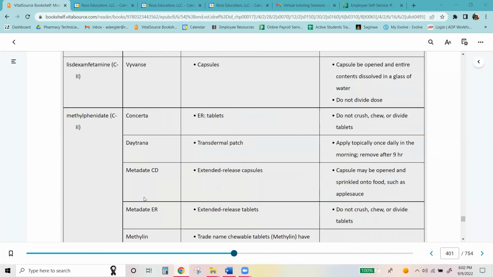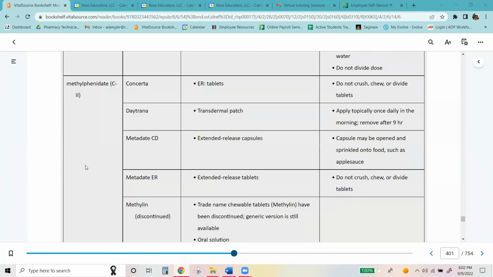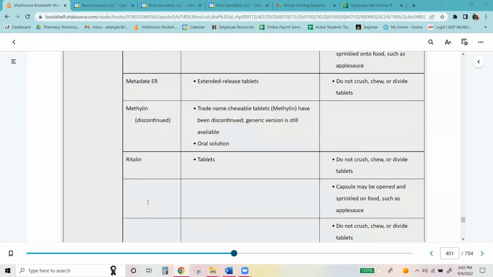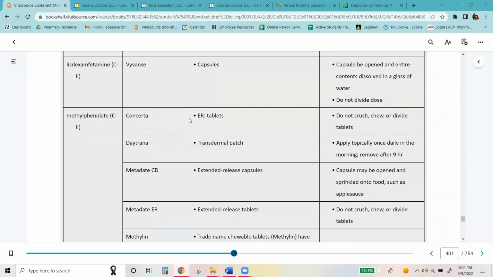So all of these medications here are all the medication methylphenidate. Ritalin was the first one on the market, I'm pretty sure, and then they made extended release tablets so the patient didn't have to take as many pills during the day, which is nice because most of the time it's school-age children, they have to leave their classroom to go take the pill.